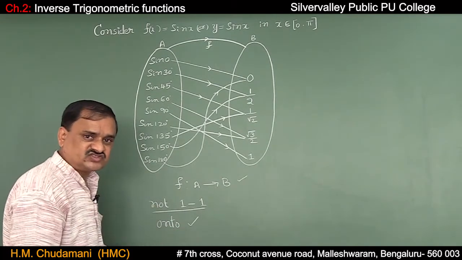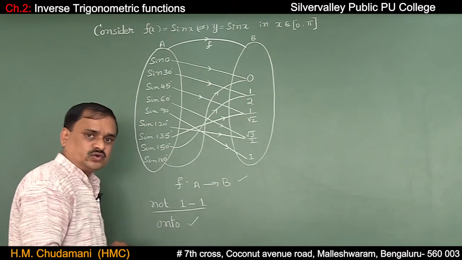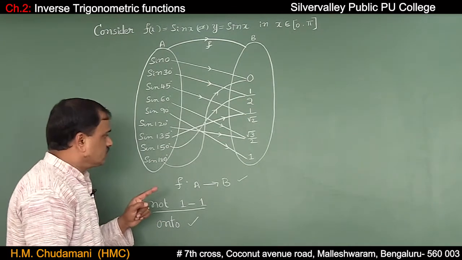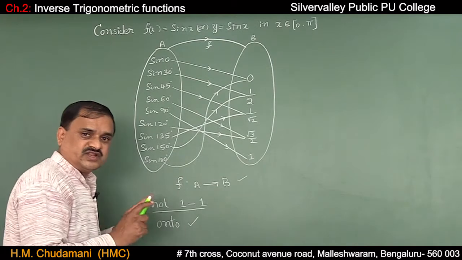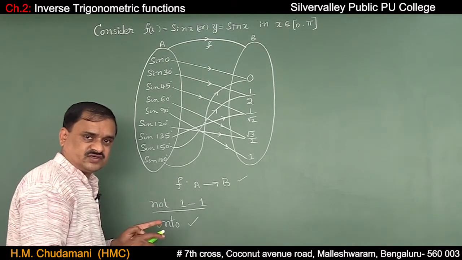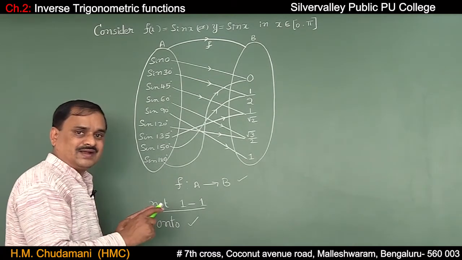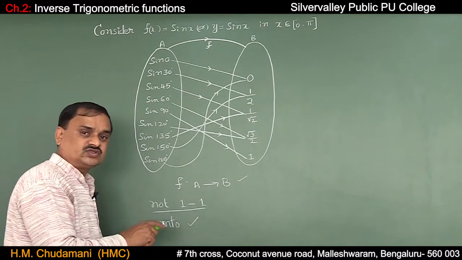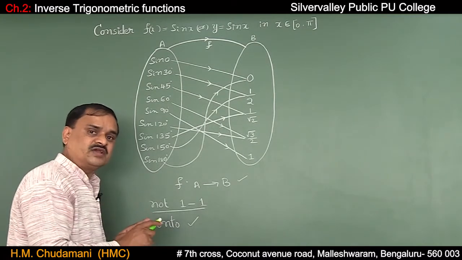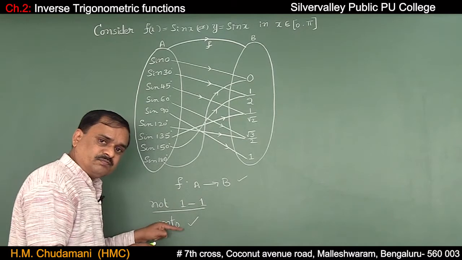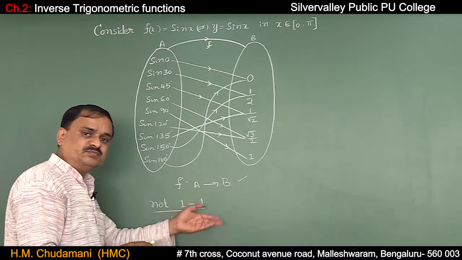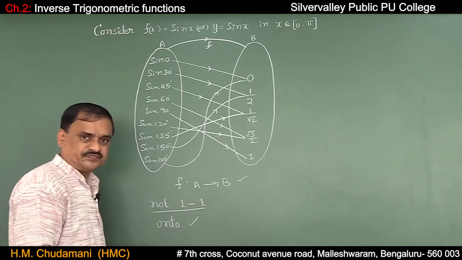To make it invertible, what do we need to do? We need to eliminate these values. That means we need to restrict the domain and the range so that the function becomes one-one and hence bijective, which implies an invertible function.